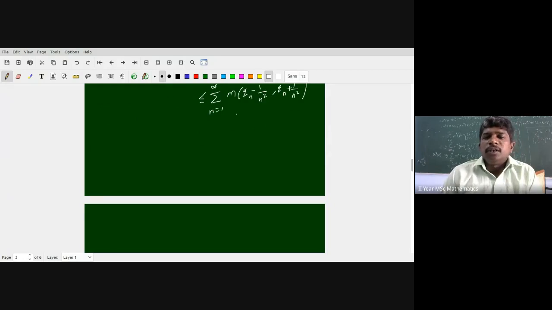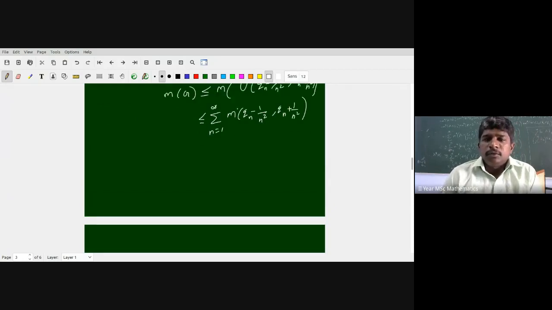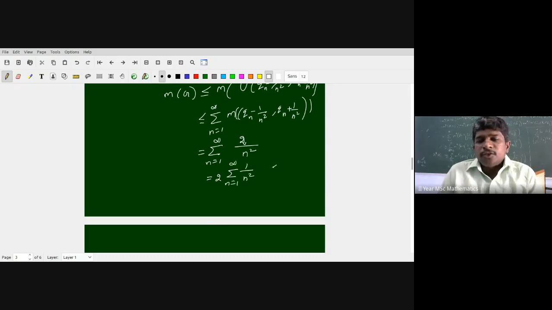This open interval (Q minus 1 by n square, Q plus 1 by n square) has measure 2 times 1 by n square. The 2 can be taken outside, and then we have exactly the sum of 1 by n square.